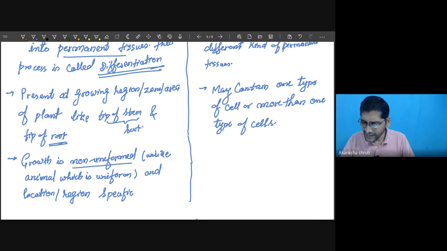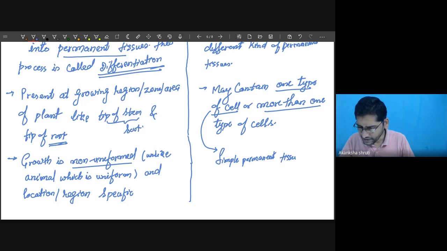Based on one type of cell only, it is called simple permanent tissue. And if there is more than one kind of cell in the tissue, it is called complex permanent tissue.